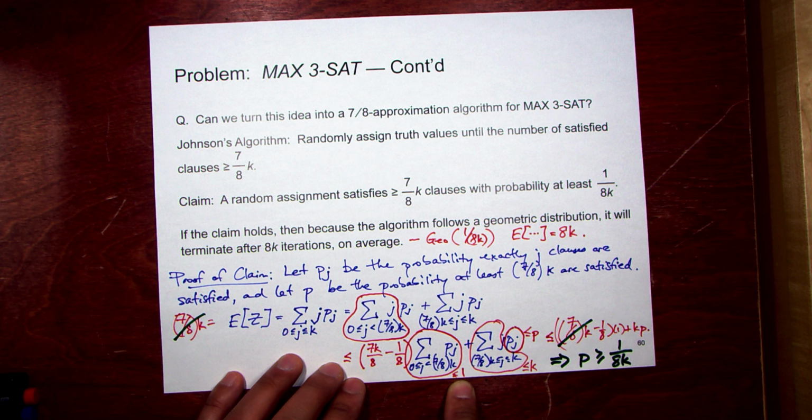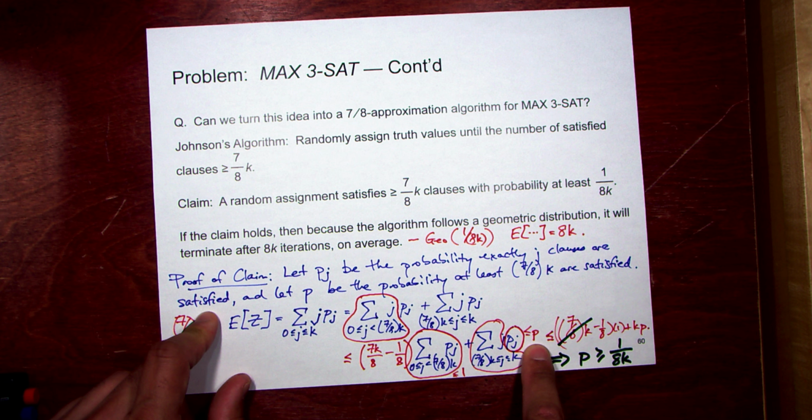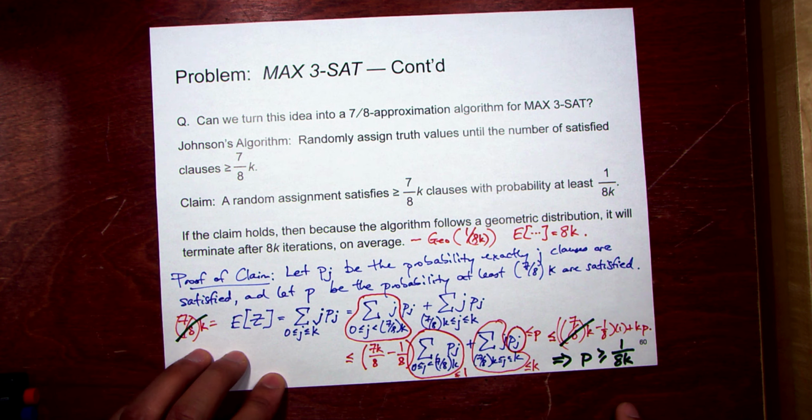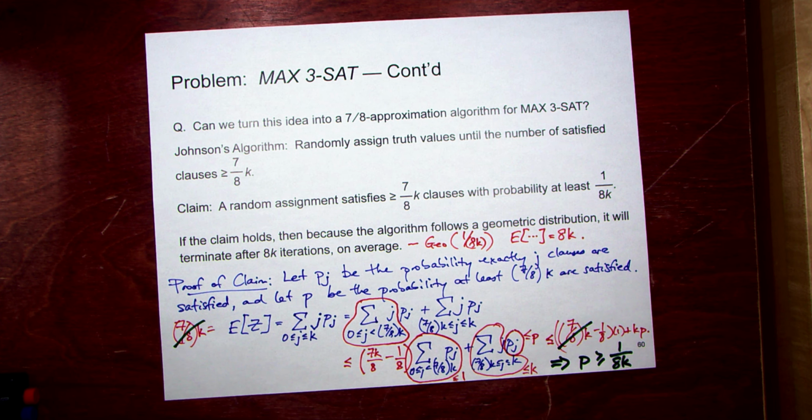Here, this is less than or equal to p, because of the way we defined it: the probability is at least 7/8 k. The pj's are going to be different, probably. It's not a sum of constants. p is a constant for whatever formula you have, but that's what we're trying to bound. I don't know if that's clear or not.